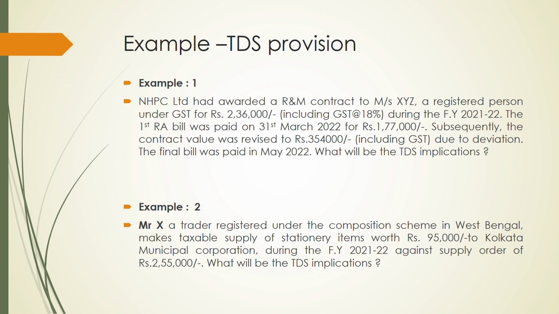Let us see example 2. A composition scheme supplier is providing supply to Kolkata Municipal Corporation. This is a local authority. The amount paid is 95,000.